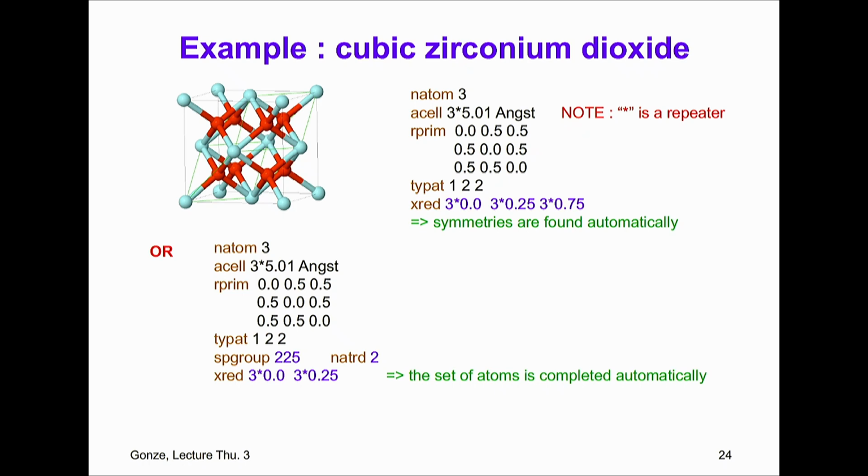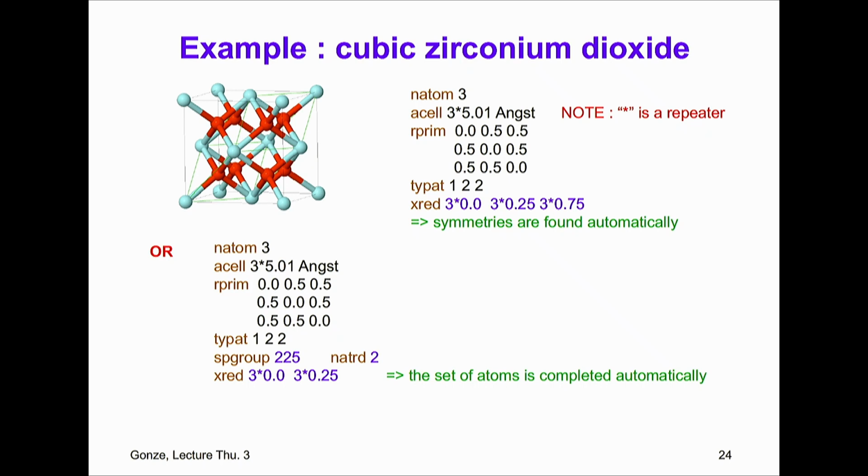And in this example, I specify by hand the position of the 3 atoms, which means that the symmetries will be found automatically. But another possibility, the lines here are exactly the same, is to specify the space group, the number of atoms to be read, and only give the position of 2 atoms.